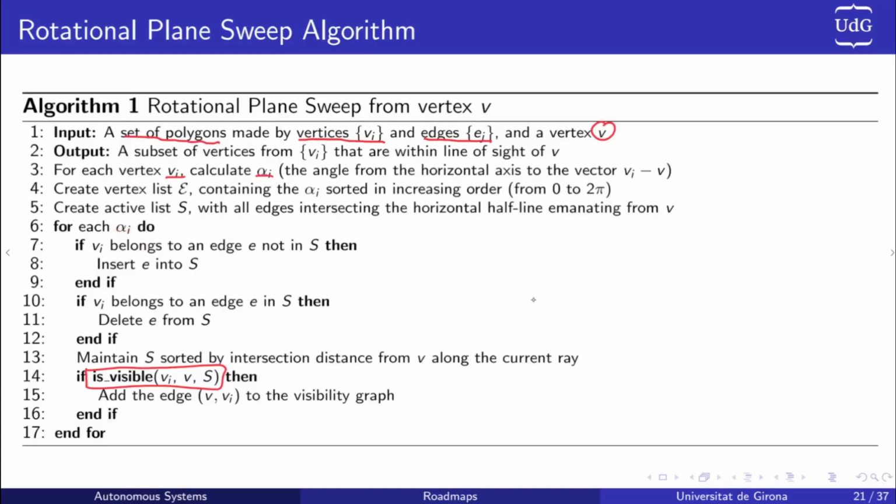For each alpha, alpha 1 in this case, is when I move the sweep in order to cross from BS to B1. This is a specific angle, a specific alpha. If this new vertex that I'm now crossing, in my case B1, belongs to an edge E that is not in the set, I insert it into the set. And if it belongs to an edge E that is already in the set, I delete it from the set.